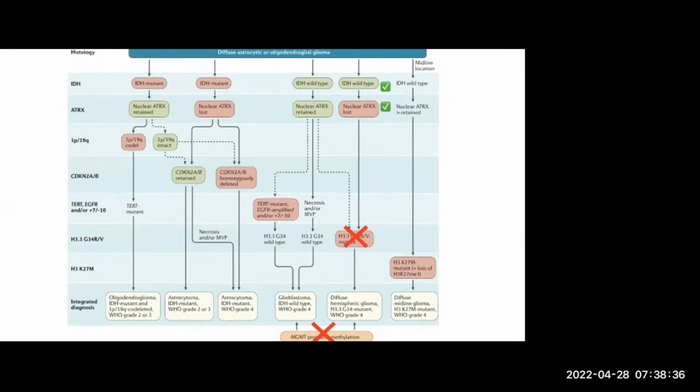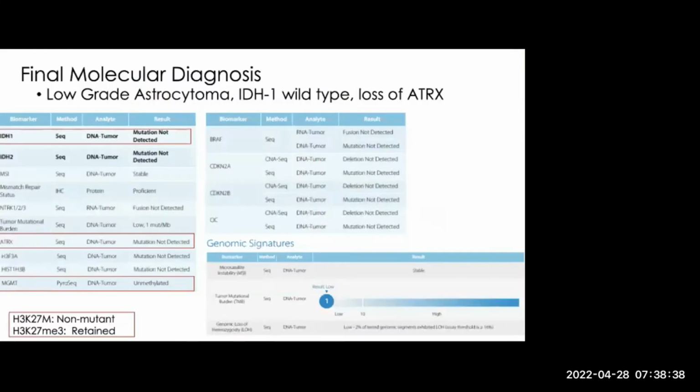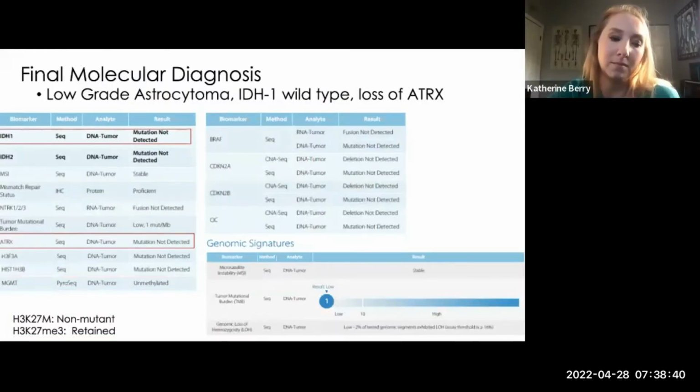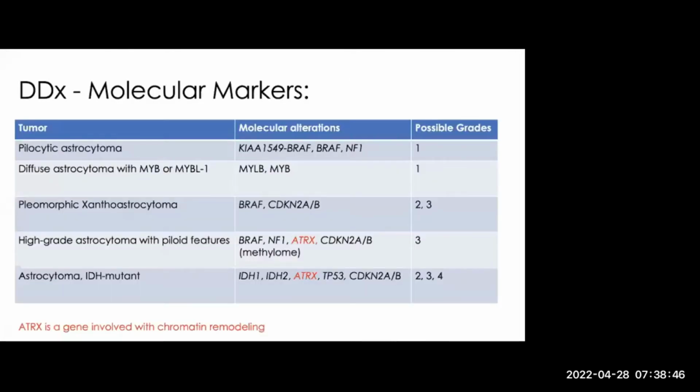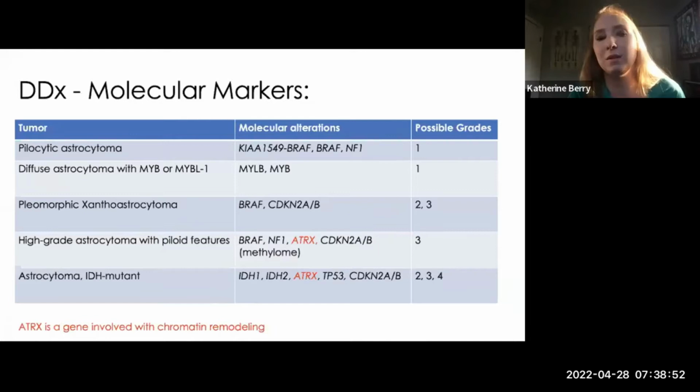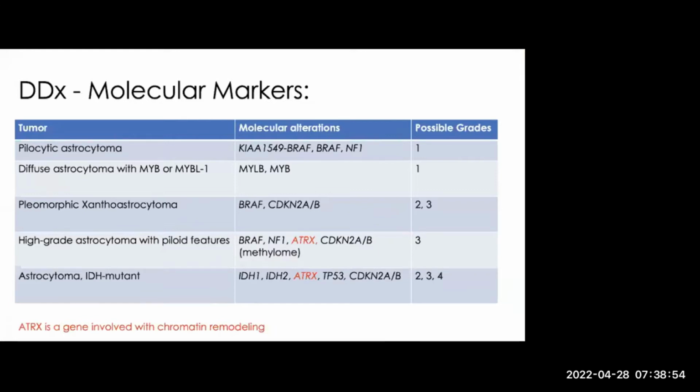If you go back to your differential diagnostic slide, please, diffuse astrocytic, did they look at MYB, MYBL1? I did not see that. I didn't see them look at MYBL1. Yeah, you would have to look at the list of genes that they really test.